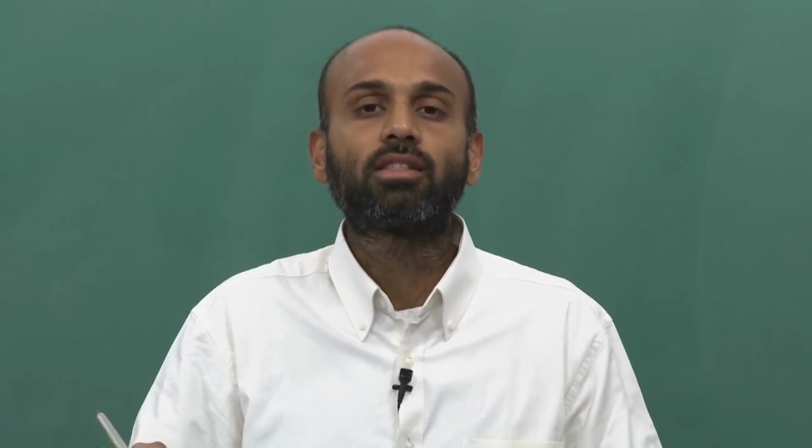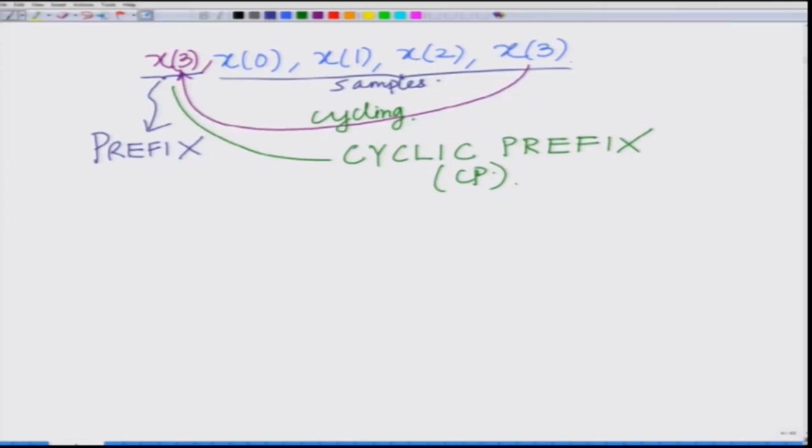So, first you take the symbols which are loaded into the subcarriers, perform the IFFT. After the IFFT, you add the cyclic prefix. Following the cyclic prefix, the samples are transmitted over the channel. So, now after addition of the cyclic prefix, we have the samples x0, x1, x2.